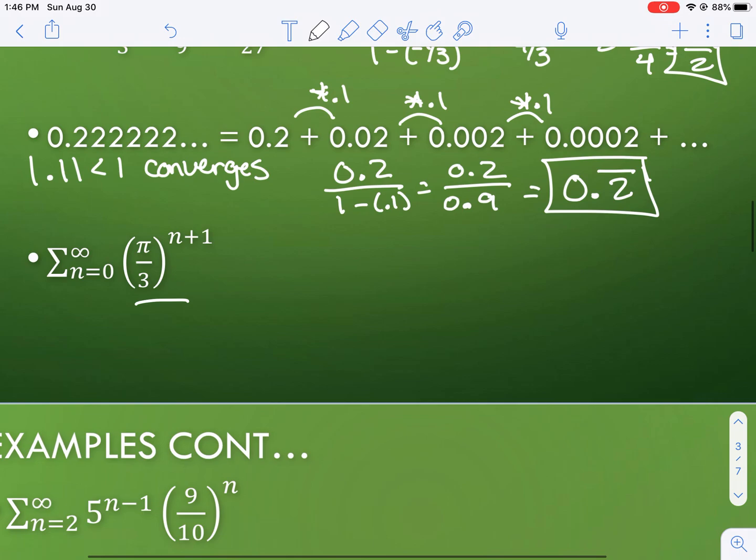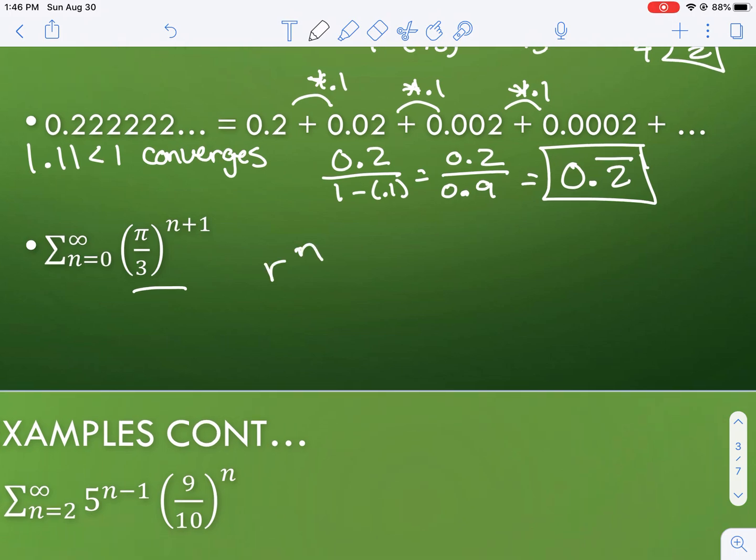Now with this one, we can write out the sequence, or I can manipulate it to where it's r to the nth power, which would give us that common ratio. Using exponent rules, I am going to rewrite this part here as pi over 3 to the power of 1 times pi over 3 to the power of 10.